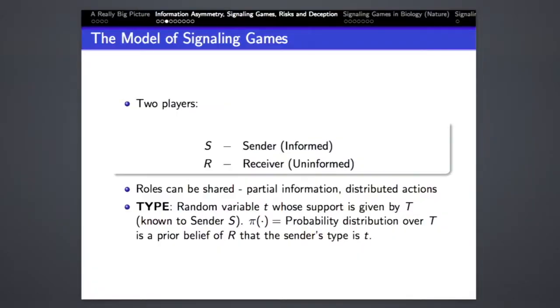Yeah? OK. So let's make it a little bit mathematical. So S will stand for sender, who is informed. R will stand for receiver, who is uninformed. Roles can be shared because there are partial informations, and actions are distributed. Not everybody can do every action. Not all information is available to all.